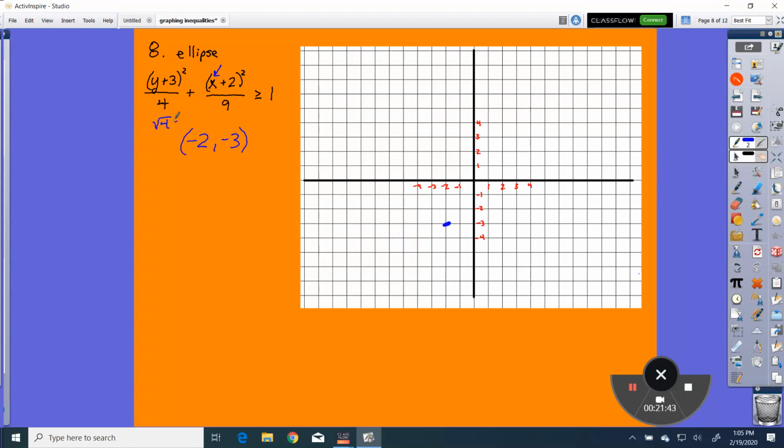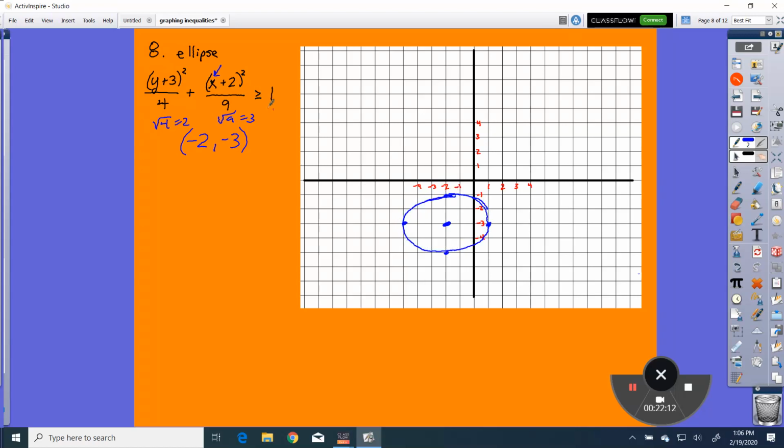Square root of 4 is 2. So I go up 2 and down 2 because that's with the y. Square root of 9 is 3, so that's with my x. So I go right 3 and left 3. Again, it's a solid line because it's greater than or equal to. Make your egg, football, whatever you want this to be.